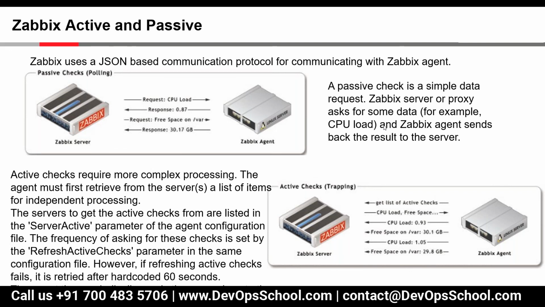And in that drop down, you will get SNMP agent as well. You will get external check too. So it depends on me how I want to capture the data. I want it actively or passively. So that is the difference.